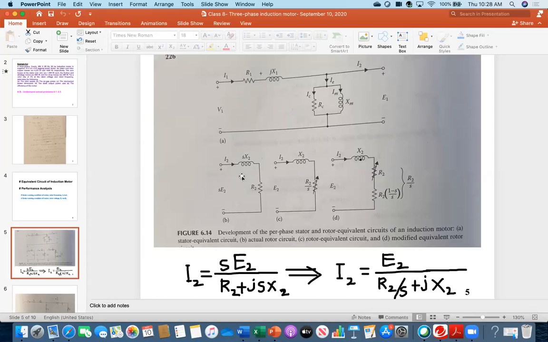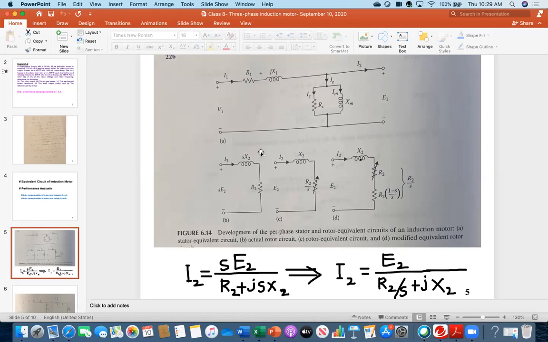And then can you guess how the slip term comes? So everybody, you know, what is the X? X2 means reactance. And what is inside the reactance? X means omega L, 2 pi fL. Remember, 2 pi fL. So therefore f, before running of the motor, it is just f.